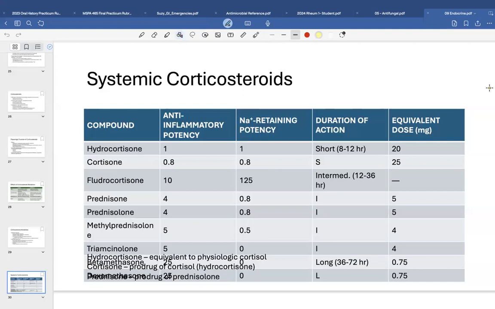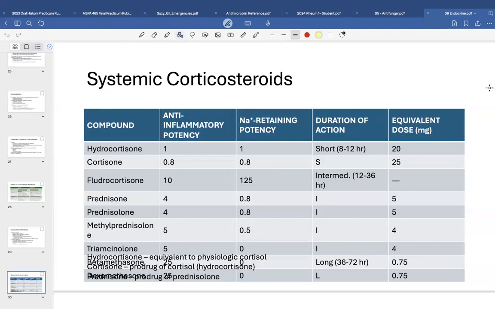Recall that hydrocortisone is basically physiologic cortisol. Cortisone is basically just a prodrug of hydrocortisone.